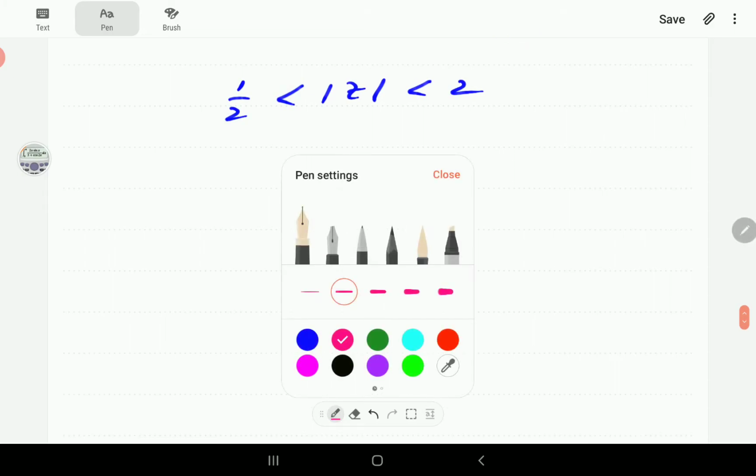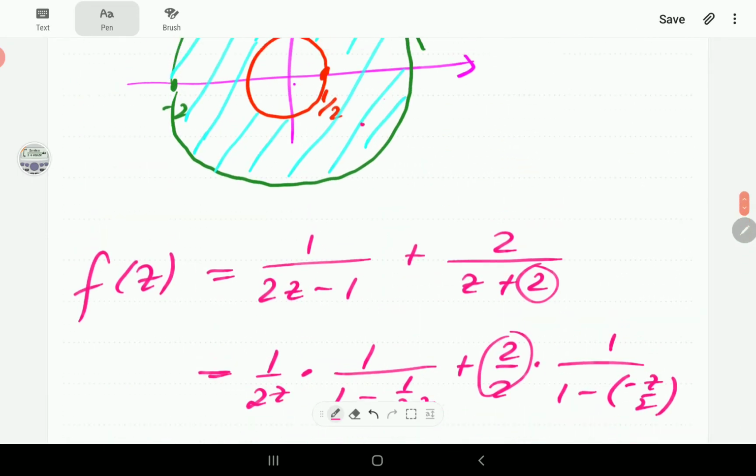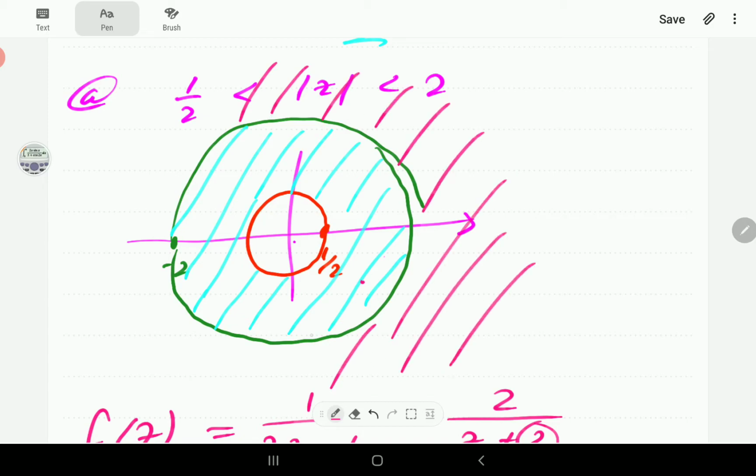We're now going to go to part B. In part B, we want the region mod z is greater than 2. So that means we now want the region outside the green circle.